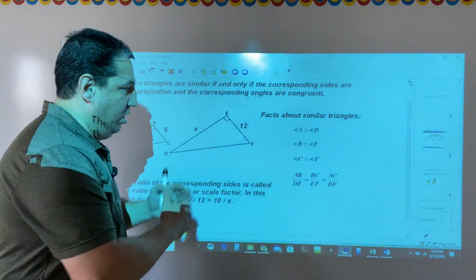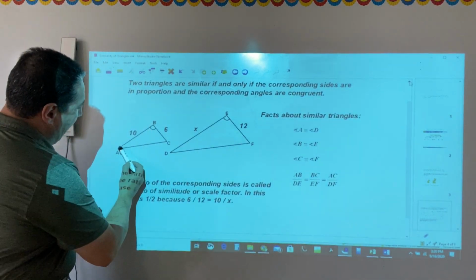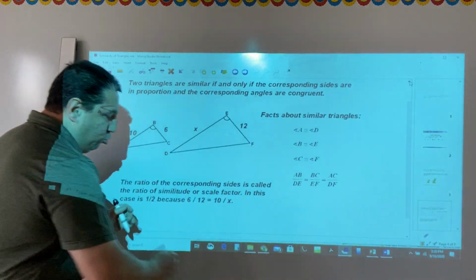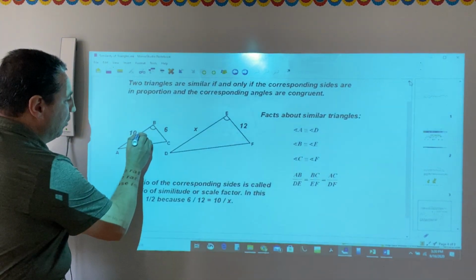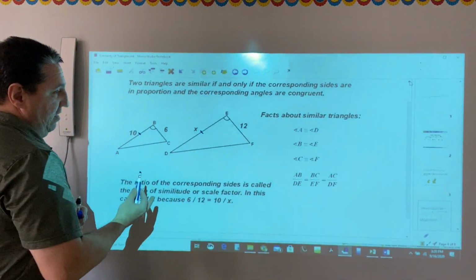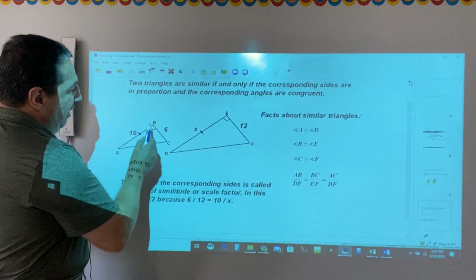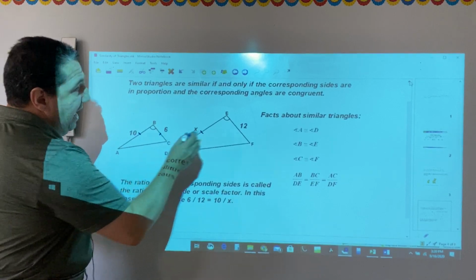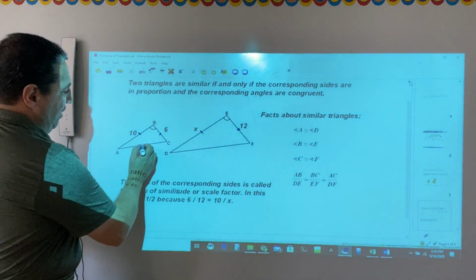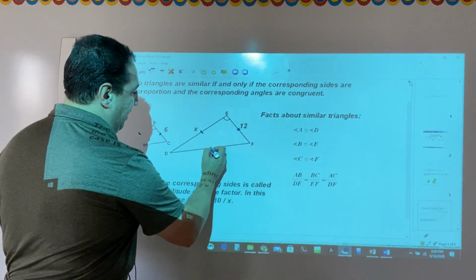So, what is the first ratio? The first ratio is AB over DE. Why? Because these two sides are corresponding. Then, the second pair of corresponding sides are BC and EF, and the third pair is AC and DF.